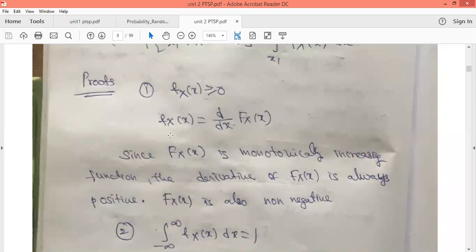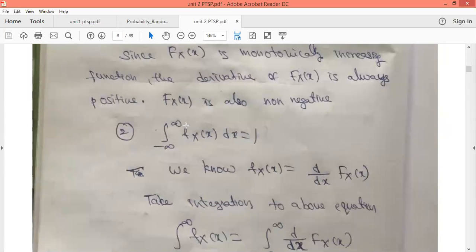Just now we have discussed that the slope of the distribution function is always positive. If it is positive, the derivative will be a non-negative number. So the density function is a non-negative number.